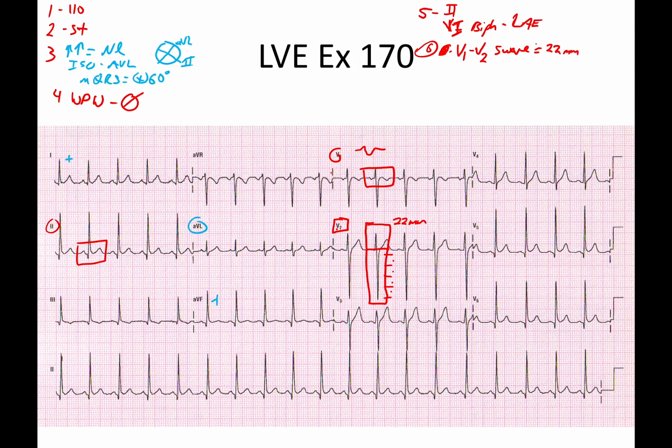So I'm going to say my S wave is 22 millimeters. And now we're going to go to V5 and V6, and we're going to look at the R wave and see who has the largest one. And between 5 and 6, I'm going to say V5 has the largest. And we're going to do the exact same thing. I'm going to just draw a box around it like this. And I'm going to count. We'll just count our big boxes.